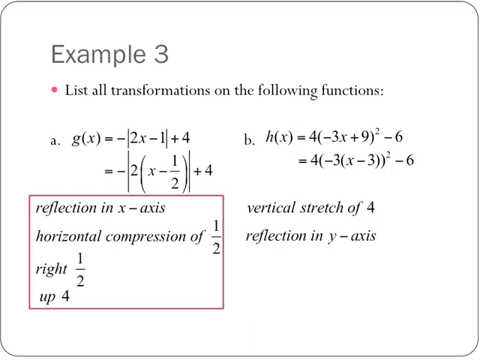Then we have a 3 on the inside of the function multiplied by the x, so that's going to be a horizontal compression by a factor of 1/3. Then we have minus 3, which means this is going to shift to the right 3. And then we have that minus 6 on the outside, which means this is going to shift down 6.